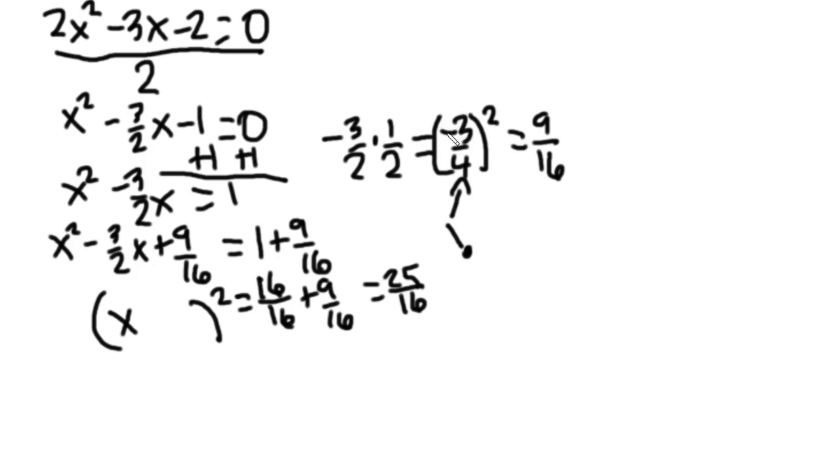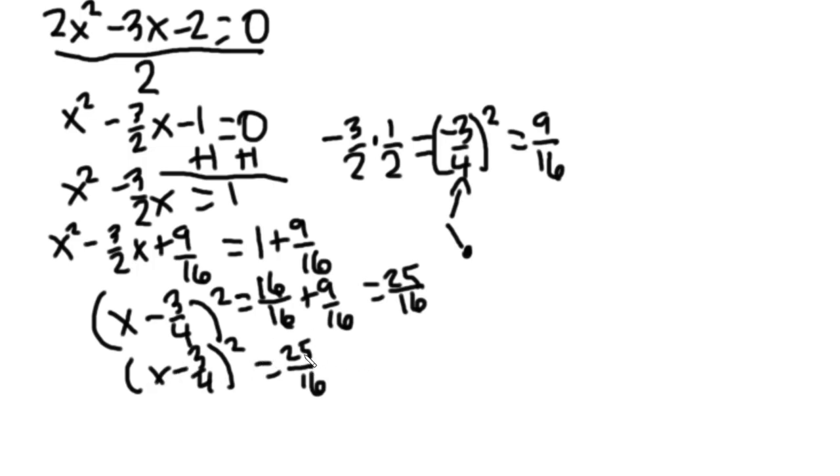In this case it's a minus, so minus 3/4. This number that I put a little exclamation mark by to tell you to remember goes here. So I have x minus 3/4 squared equals 25/16.